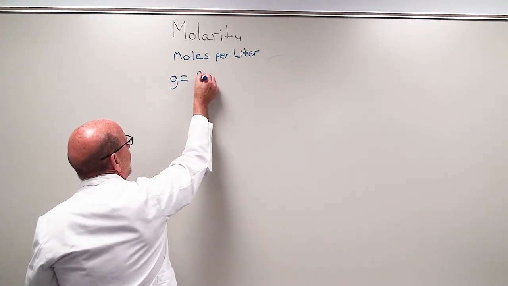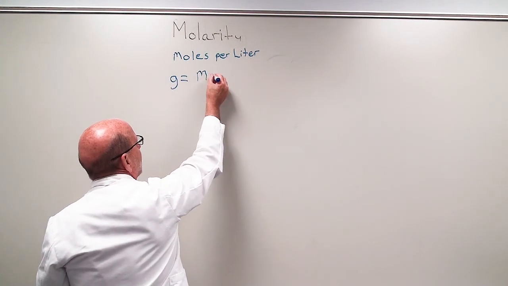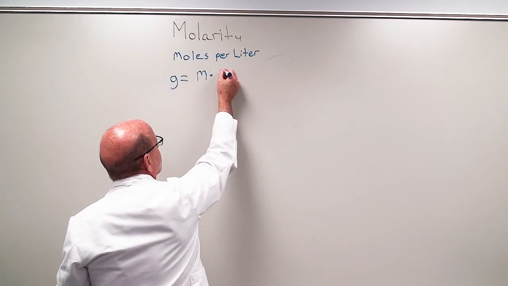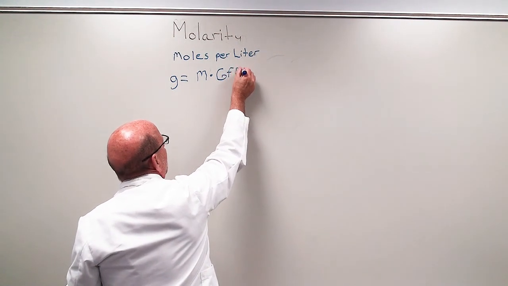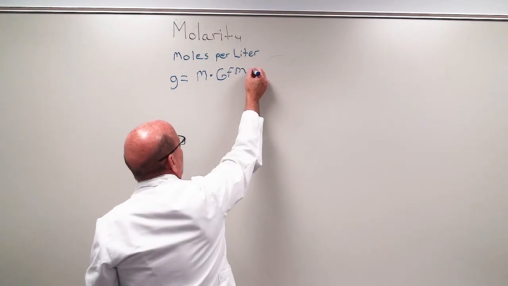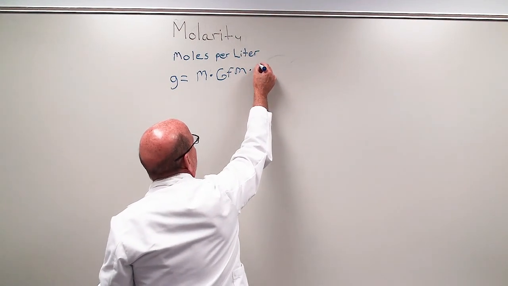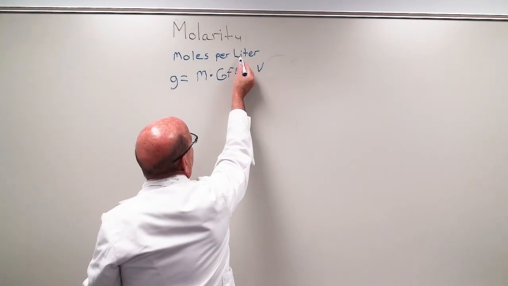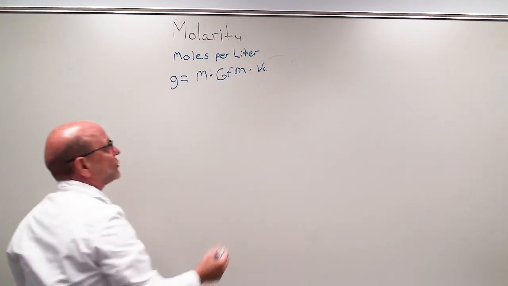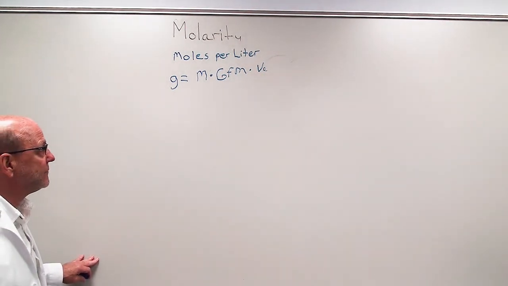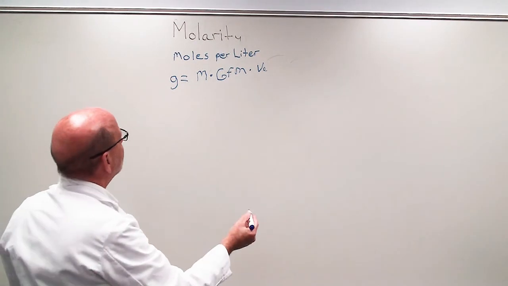So the first thing I put down is molarity. The molarity that's desired, times our gram formula mass, or formula mass, whatever you want to put that as, times our volume. And now remember, our volume is in liters, and so I'm going to write a little L in there so that if I end up with a decimal number for that, it's going to be in mLs.